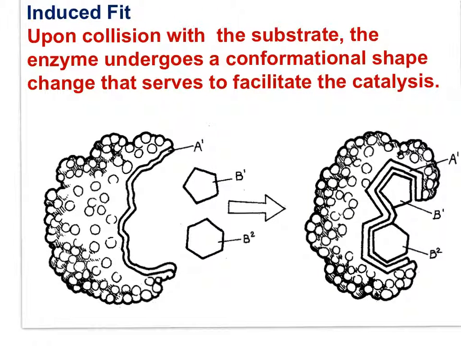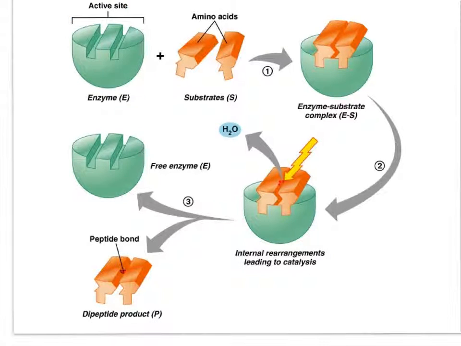In this diagram of an enzyme catalyzing a condensation reaction, an anabolic reaction, notice how the conformational shape change serves to facilitate the formation of the bond. This diagram once again displays a condensation reaction in which two amino acids are joined by an enzyme to form a dipeptide.